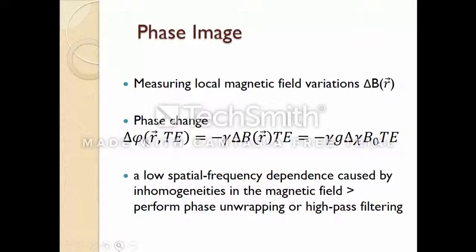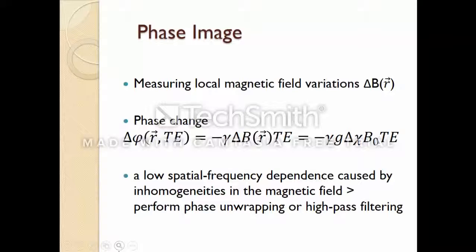As long as our magnetic field variation is small enough for a given echo time, the phase change is in the interval of minus pi to plus pi. If the value goes above pi, it wraps to minus pi, and inhomogeneities in the magnetic field cause a low spatial frequency dependence, which means the phase may vary over the image and appear different than the actual phase.